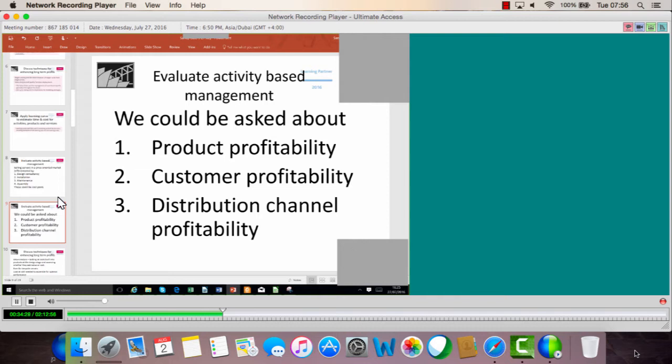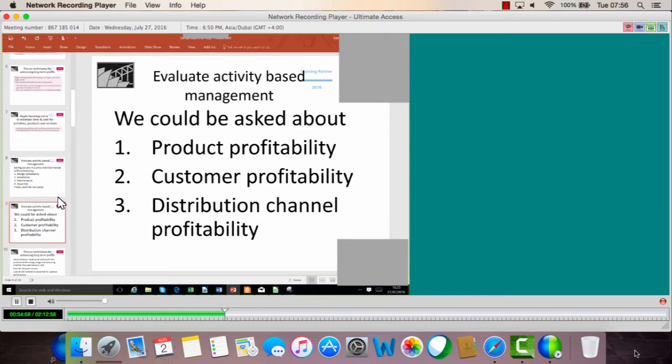And I said I found it difficult to come up with a way in which they could examine the distribution channel profitability. I think that would be more likely in a product scenario where we might be selling to warehouses that then sell to wholesalers, that then sell to retailers, that then sell to end customers.